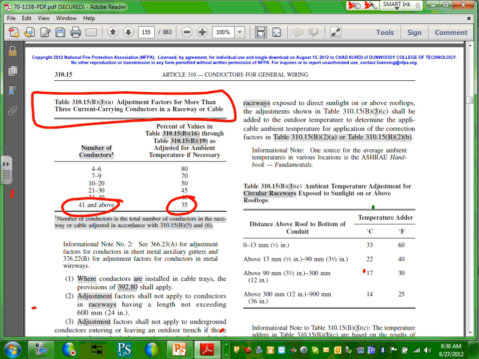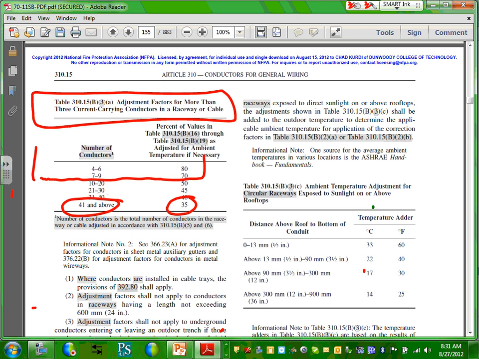You'd almost be a fool to go lower than that, grouping more than 9 current-carrying conductors in one conduit. Why? Because you lose a lot of juice. A conductor that can carry 1 amp is now carrying 50% of that, half an amp.